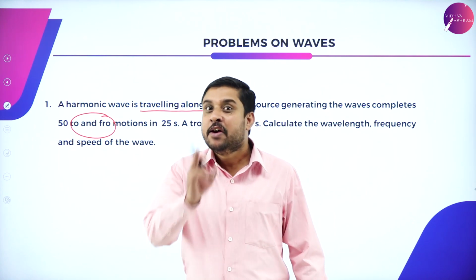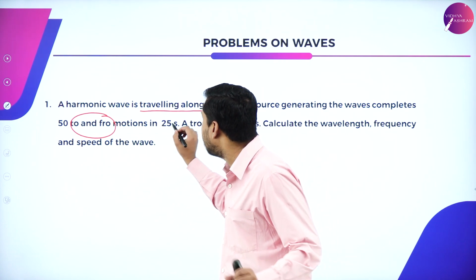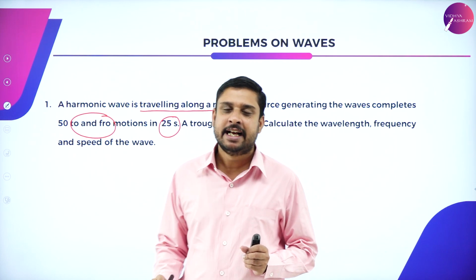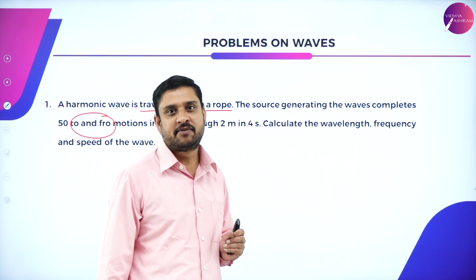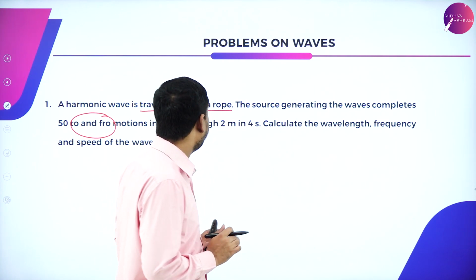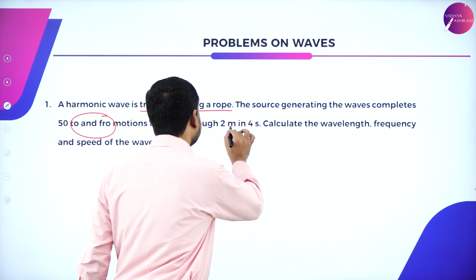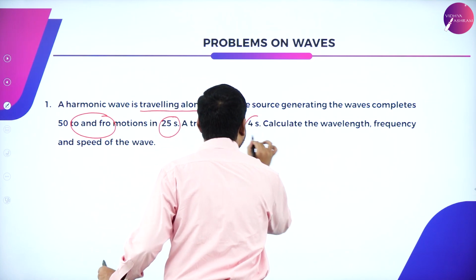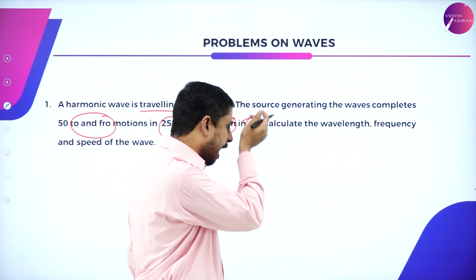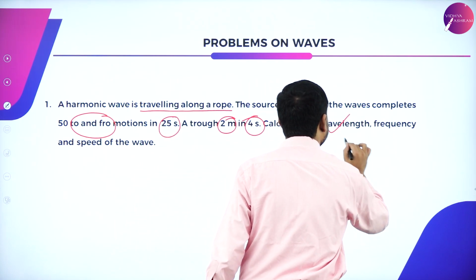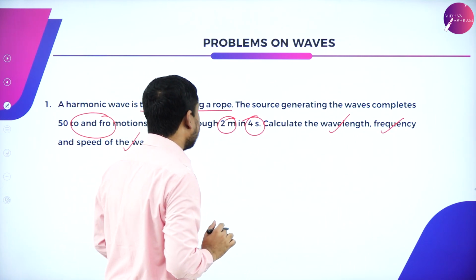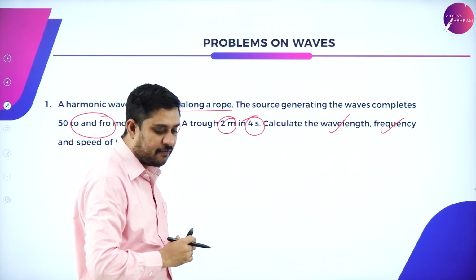Very good. 50 oscillations is completed in 25 seconds. A trough travels 2 meters in 4 seconds. I have to calculate the wavelength, frequency, and speed of the wave.